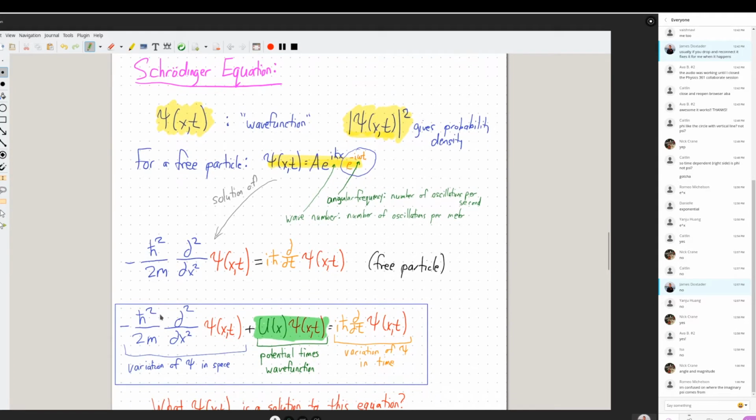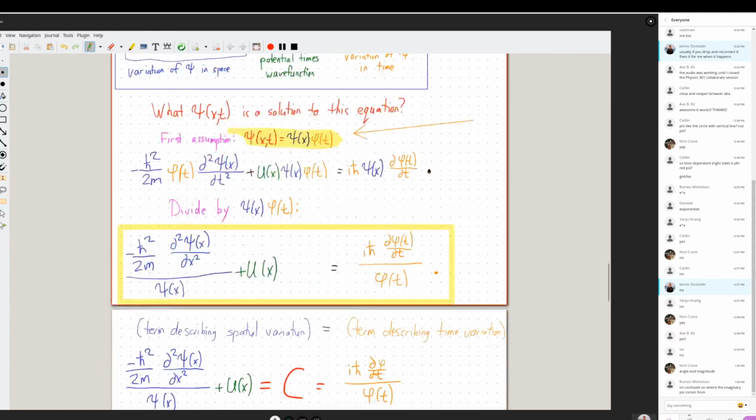For instance, when we wrote down the Schrodinger equation way back here, there is this i here. So the wave function in general is a complex number. And as a complex number, it's got a real part and an imaginary part.